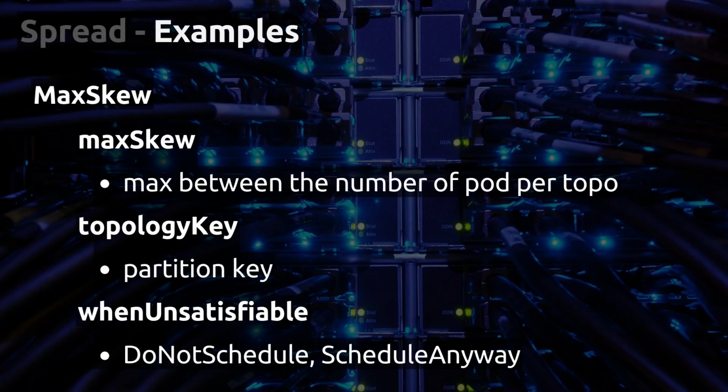So let's go. The first thing, the more theoretical part, is what we name the MaxSkew. This is how to ensure that you spread your pods well inside the Kubernetes cluster.